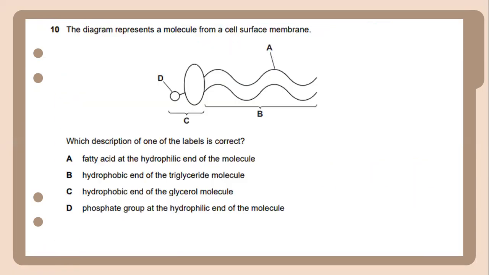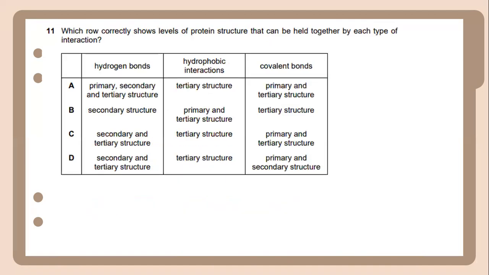The diagram represents a molecule from a cell surface membrane, which description of one of the labels is correct. D is actually a phosphate group at the hydrophilic end of the molecule. Which row correctly shows the level of protein structure that can be held together by each type of interaction?